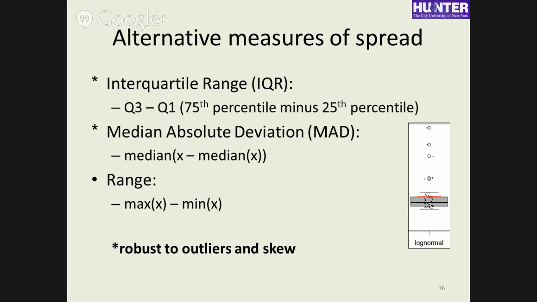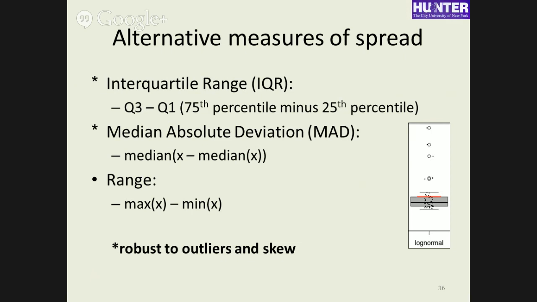This is a complete enough listing of measures of spread that you might come across. The interquartile range, which I mentioned, is just that difference between the 75th percentile and the 25th percentile, or the third quartile and the first quartile. Median absolute deviation is meant to be a sort of robust equivalent of standard deviation.